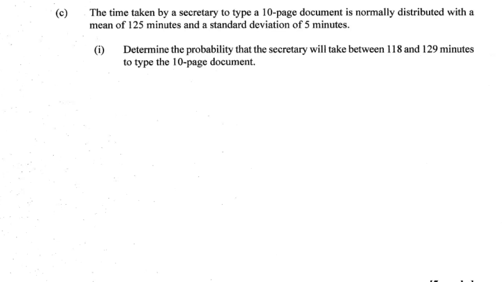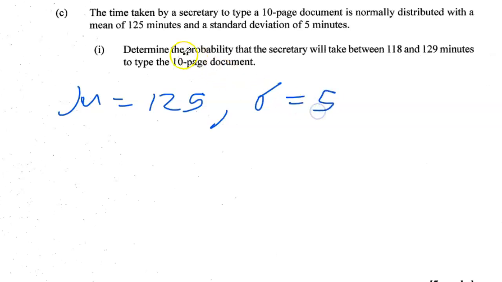Part C, the time taken by a secretary to type a 10-page document is normally distributed with a mean of 125 and a standard deviation. Let me just write down what it is. So the mean is 125 minutes with a standard deviation of 5 minutes.